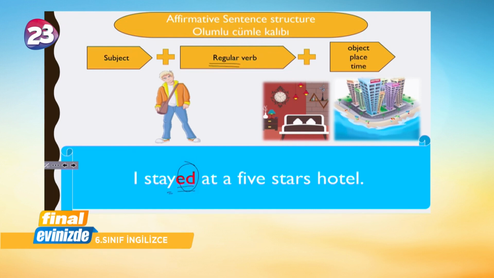If the verb ends in y, you need to check the letter before y. If the letter is a vowel, then you cannot remove the y. You only add ed, okay? I stayed at a 5-star hotel.